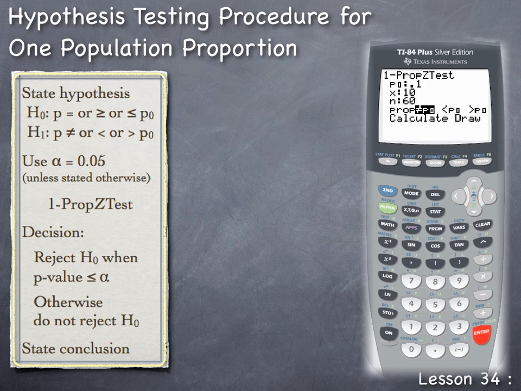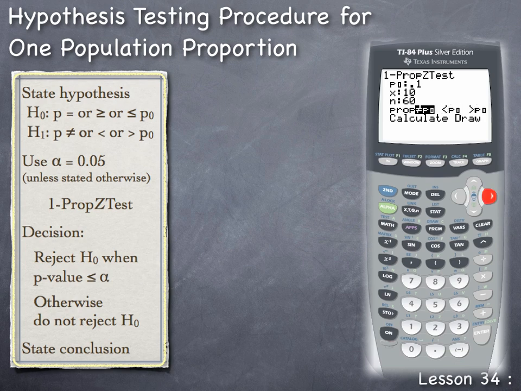p0 is the actual number that shows up in the hypothesis. x is the particular data value corresponding to this sample. n is the total sample size for the sample. H1 is either a not equal, a less than, or greater than inequality.